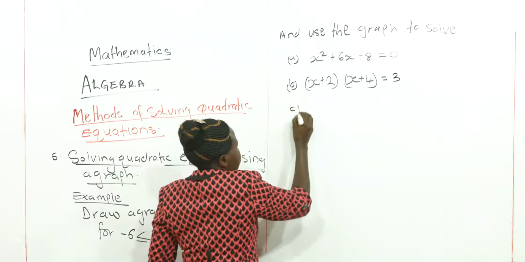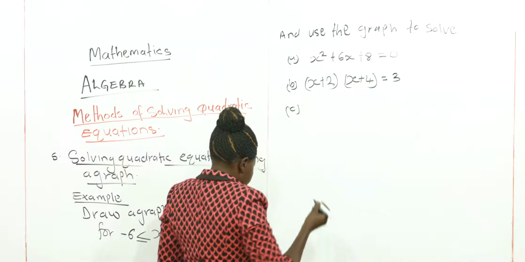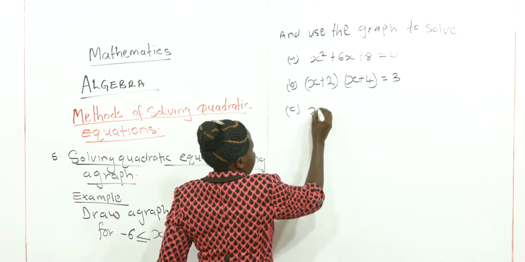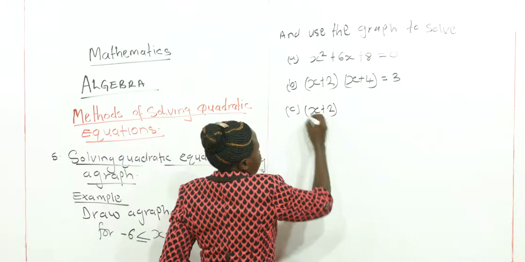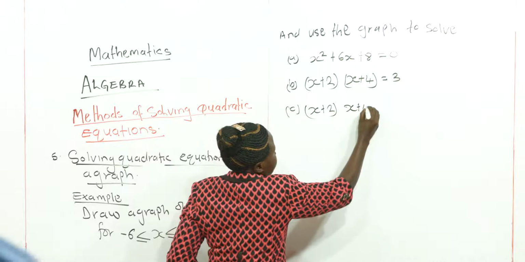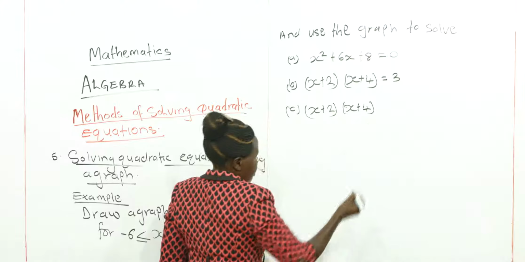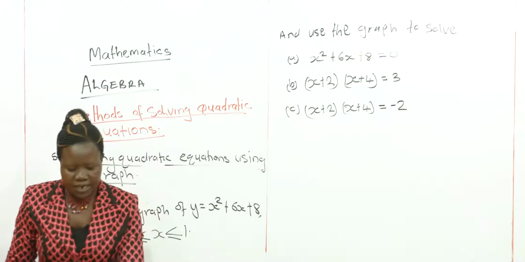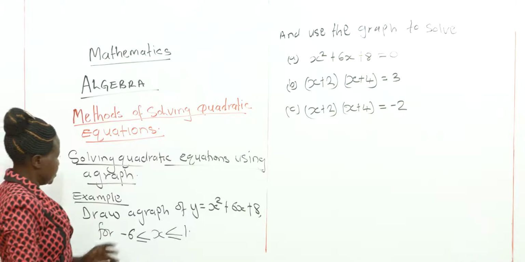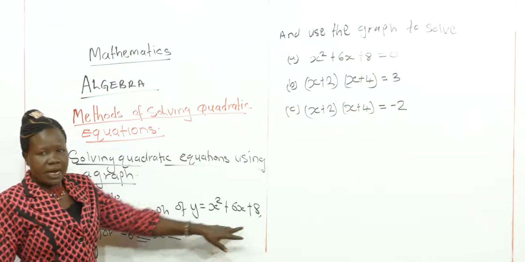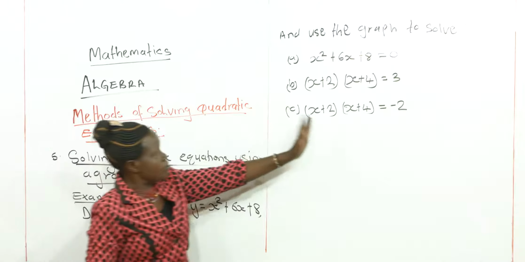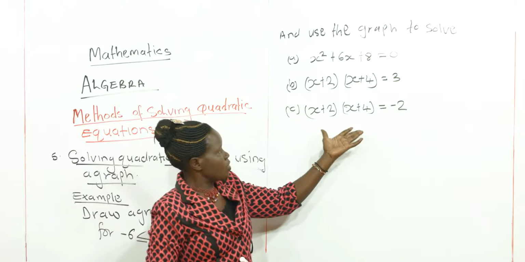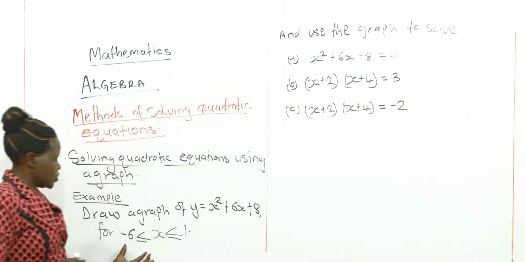And then lastly, c, we have x plus 2 times x plus 4 equals negative 2. Dear learners, that is the question. Our question here is a quadratic, and they are asking us to solve these sub-equations using a graph. So what you do, you come back to the inequality here.